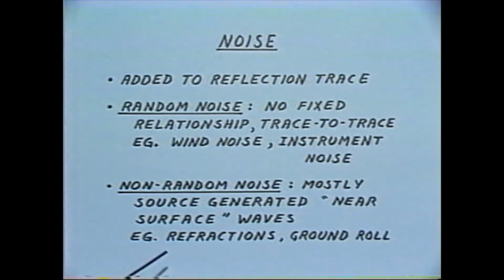These noise events, such as refractions and ground roll, are often lumped together and called near-surface waves, since they all are due to modes of travel which take place in the layers of the earth near the surface.